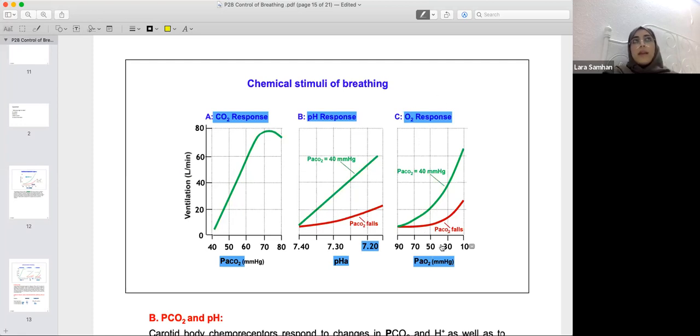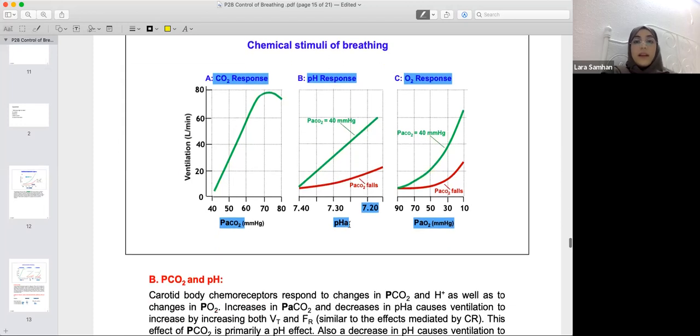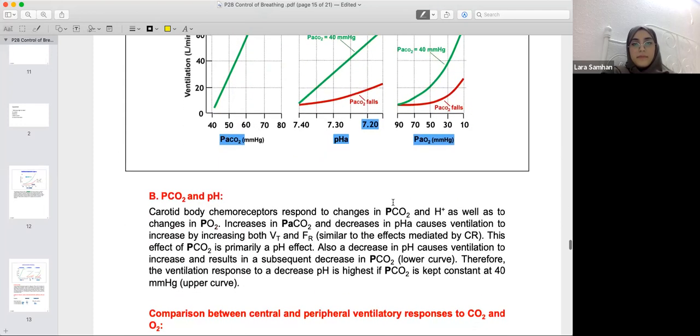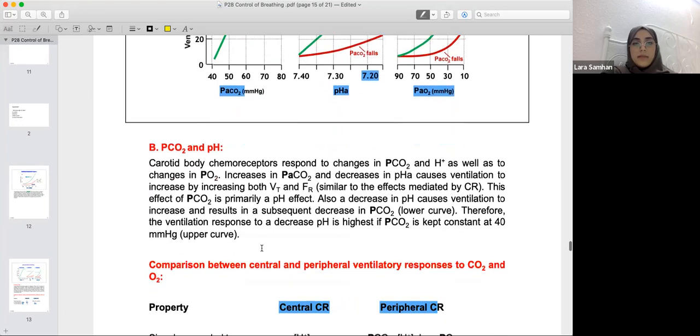The more we breathe and the more we have normal levels of oxygen, the less the body needs that compensatory mechanism, and the more we have normal physiological function. The carbon dioxide in this case will be low, which is considered normal. So this is the idea behind those three graphs, and this is just a simple explanation.